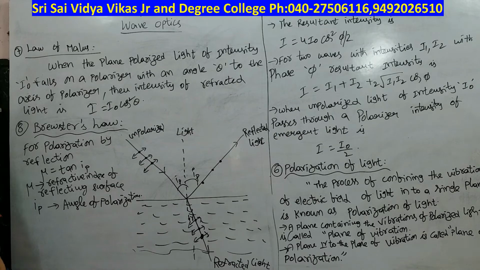Here theta is the angle with the axis of the polarizer, I naught is the intensity of the plane polarized light, and I is the intensity of the refracted light.